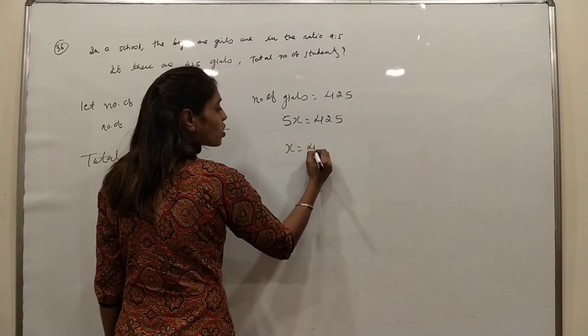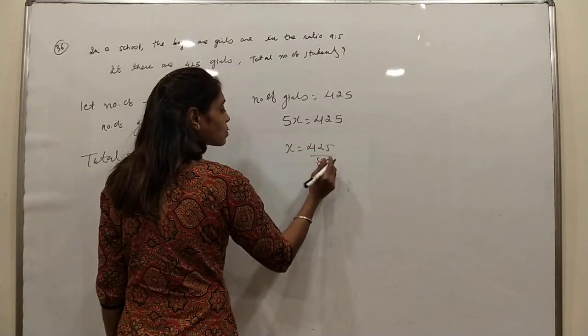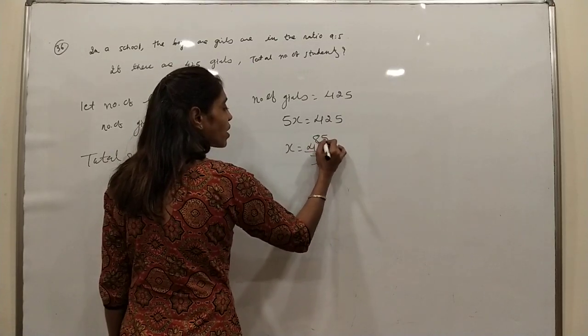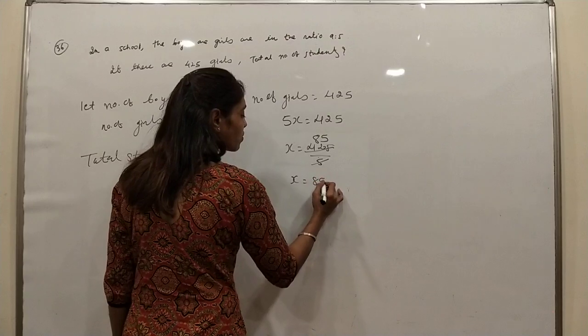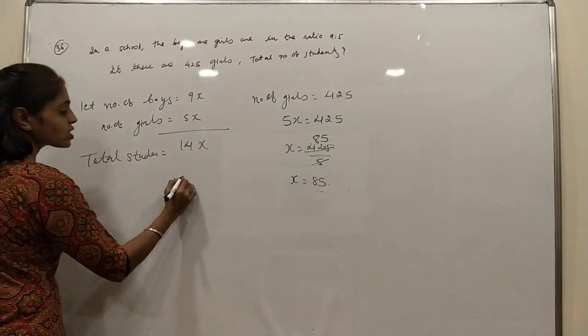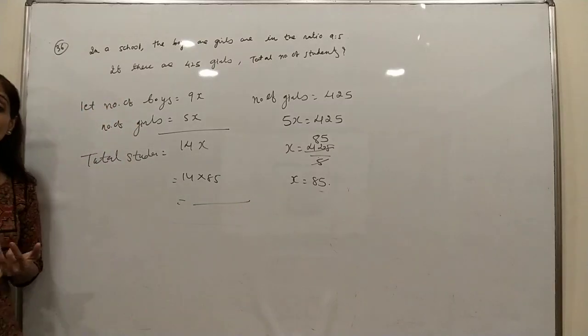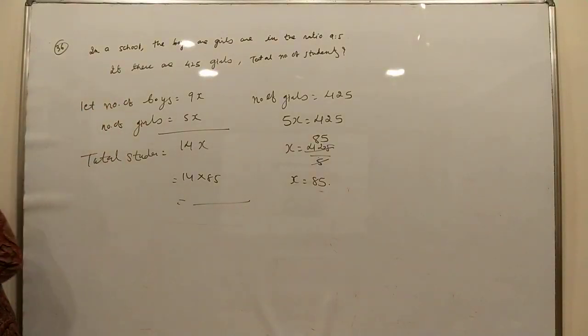So x is 425 by 5, which is 85. So the total number of students is 14 into 85. Whatever the answer is, that is the total number of students in the school.